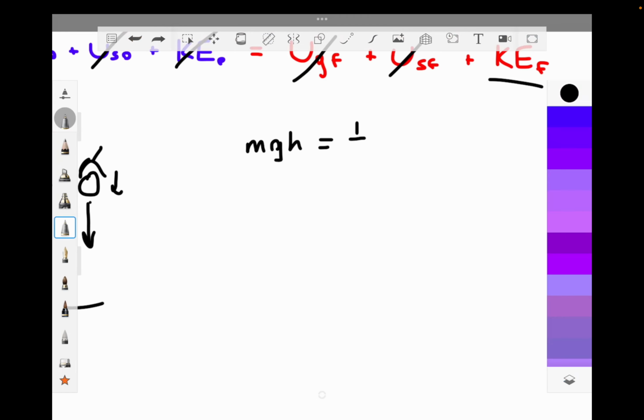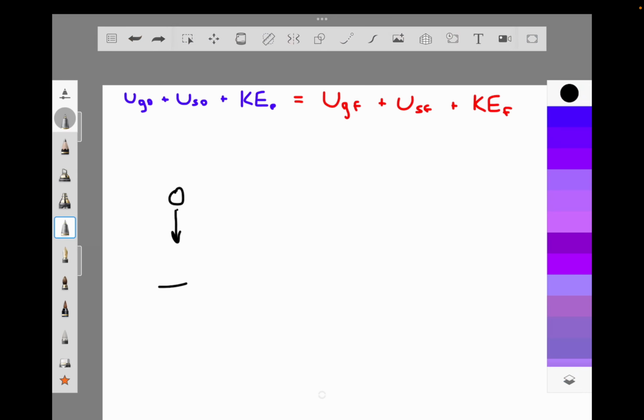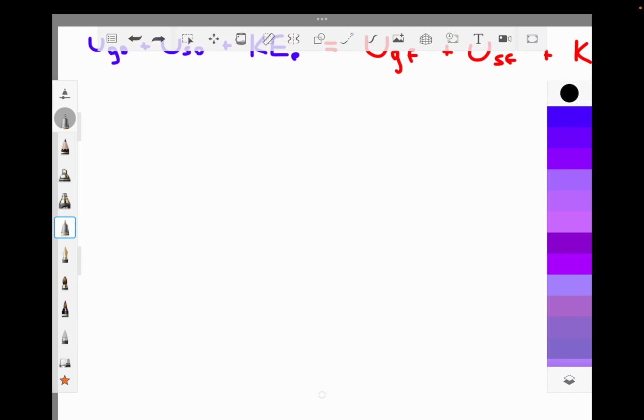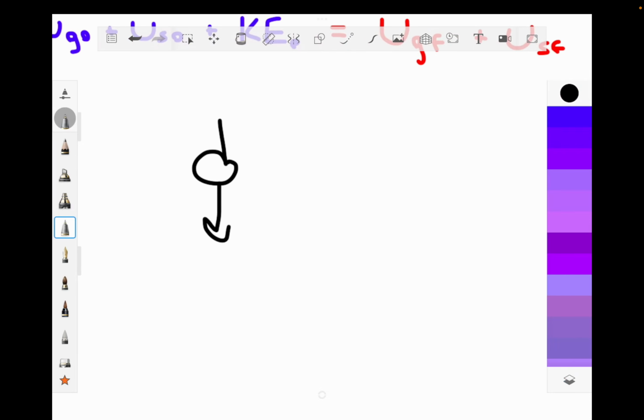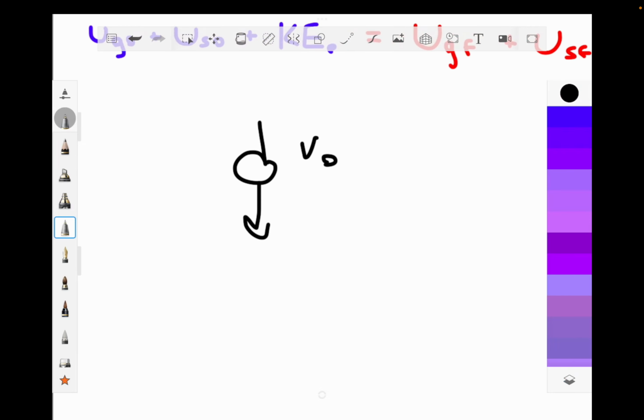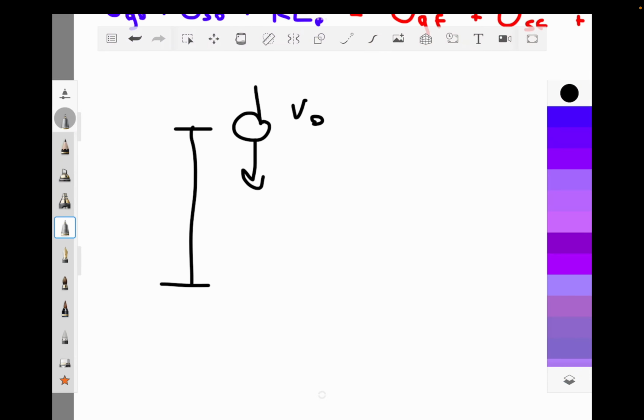You could make it a little more complicated. Say this ball was initially thrown down at some speed, at a height.